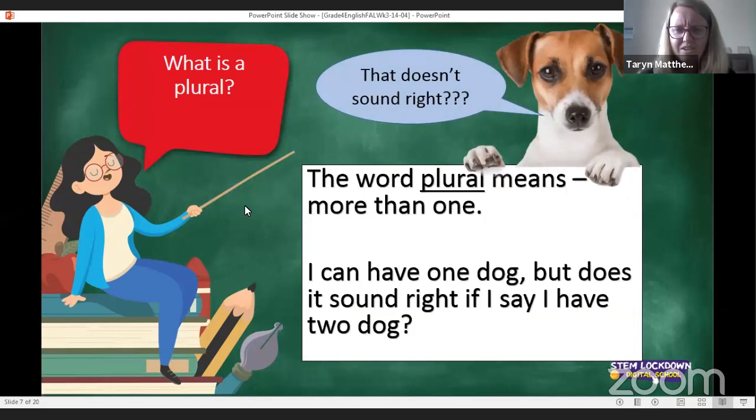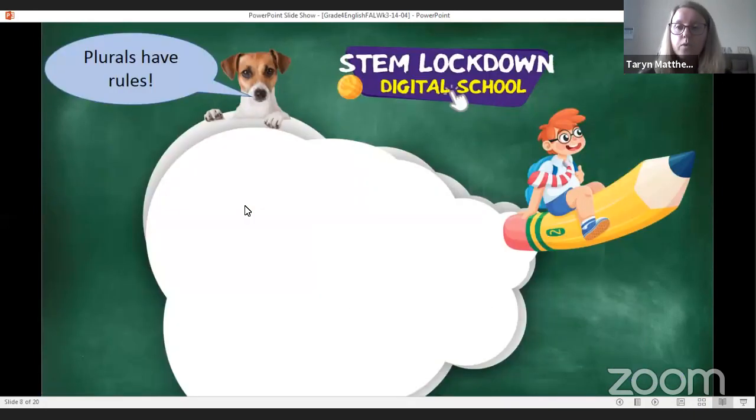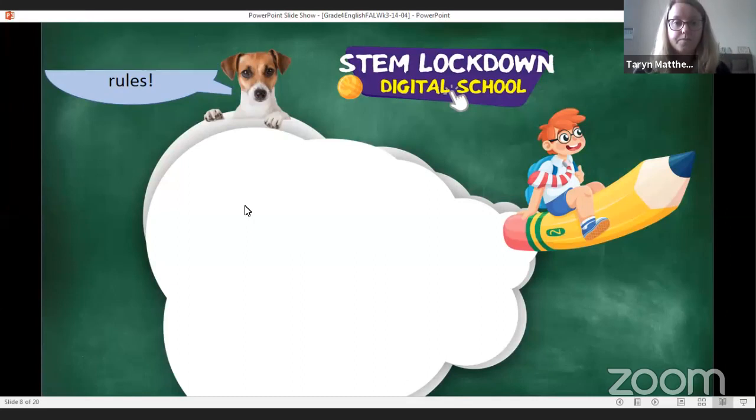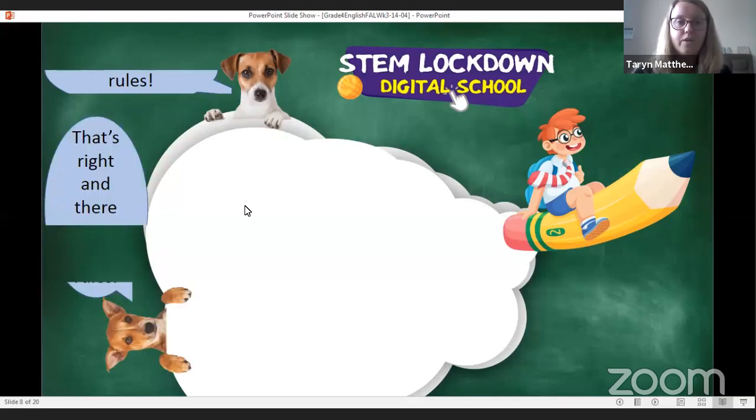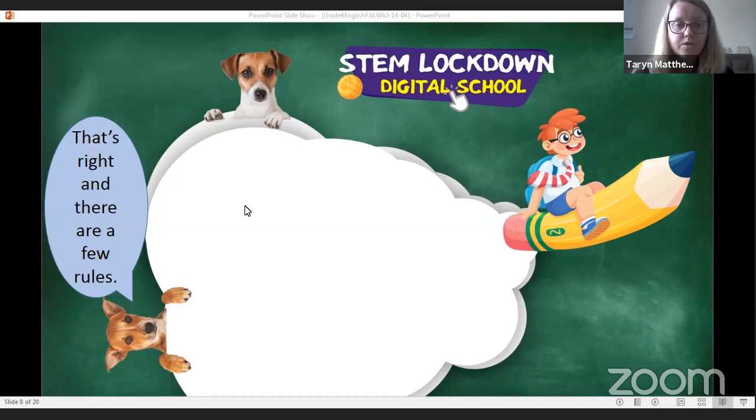No, it doesn't really sound good, eh? It's not good English. That's because plurals have rules. So I know this doesn't sound right because there's a rule that tells me that's incorrect. So there are a few that we're going to look at.